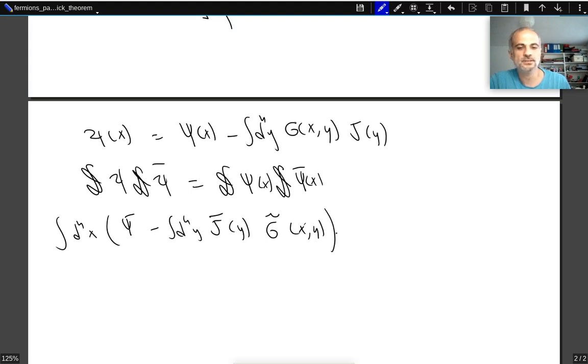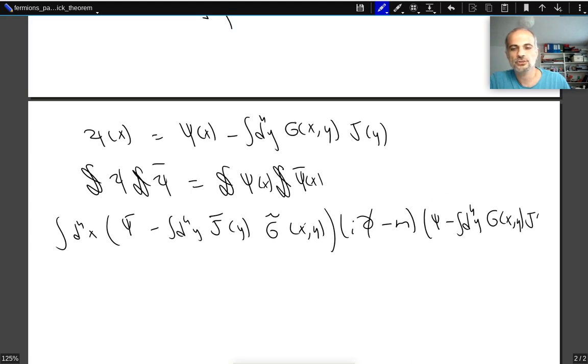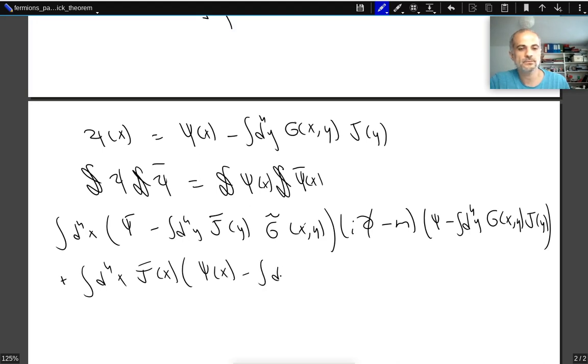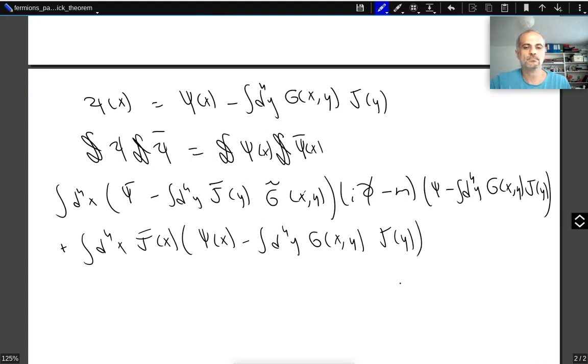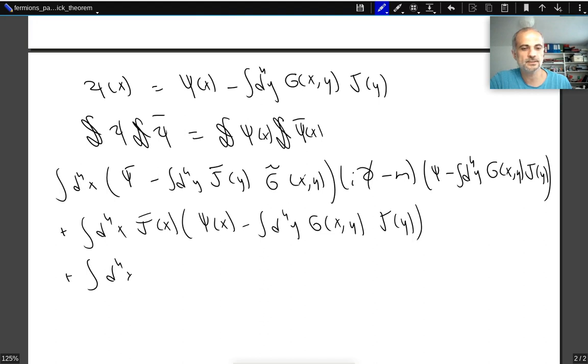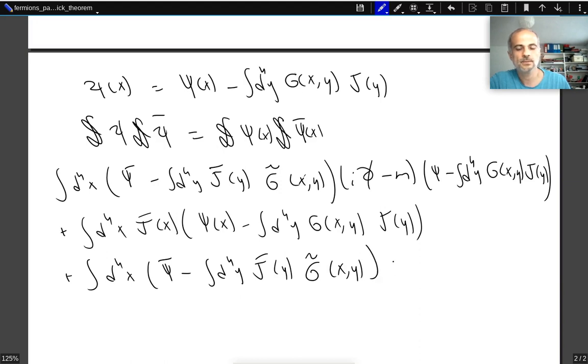I will just write what g tilde is: (i del slash minus m) epsilon bar minus d^4y j of g of xy, this is not bar, times j of y, plus d^4x j bar of x, psi of x minus d^4y g of xy j of y, and plus d^4x psi bar minus d^4y j bar of y, g tilde x, y, j of x.